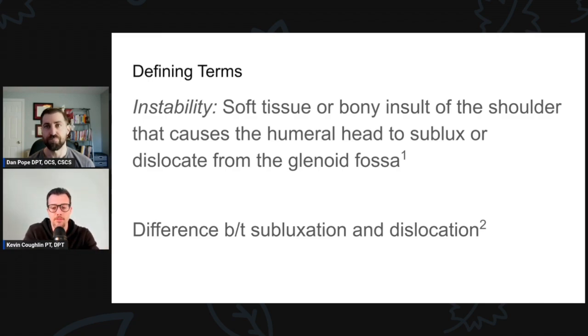Versus a dislocation, where the ball comes out of the socket, the humeral head comes out of the glenoid, and a lot of times with that, we do see some other pathology. So it's definitely a more serious type of instability, and on our subjective exam, a lot of times a patient will say, well, my joint was really loose, it kind of popped out. We just want to clarify, was that a subluxation or a dislocation?